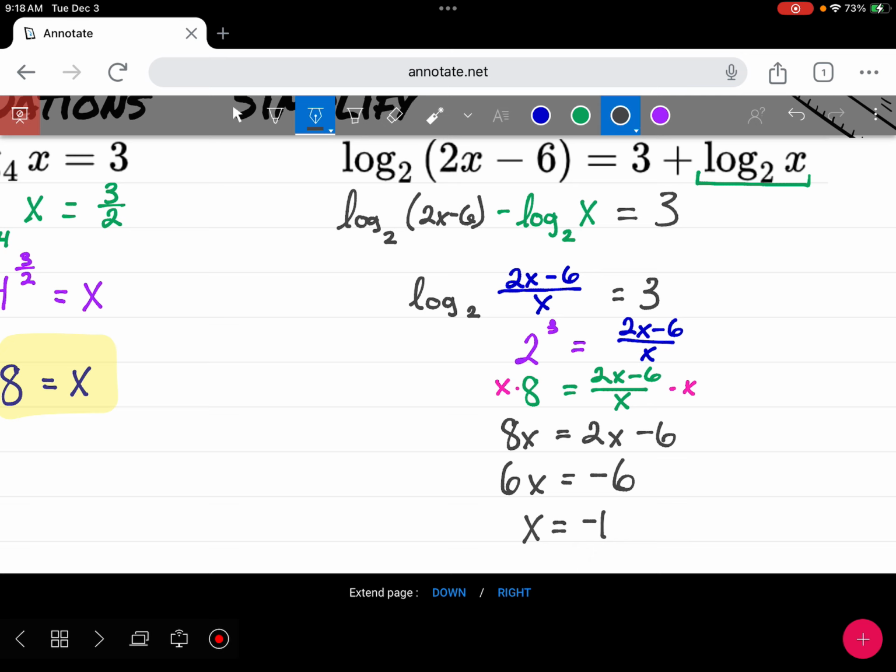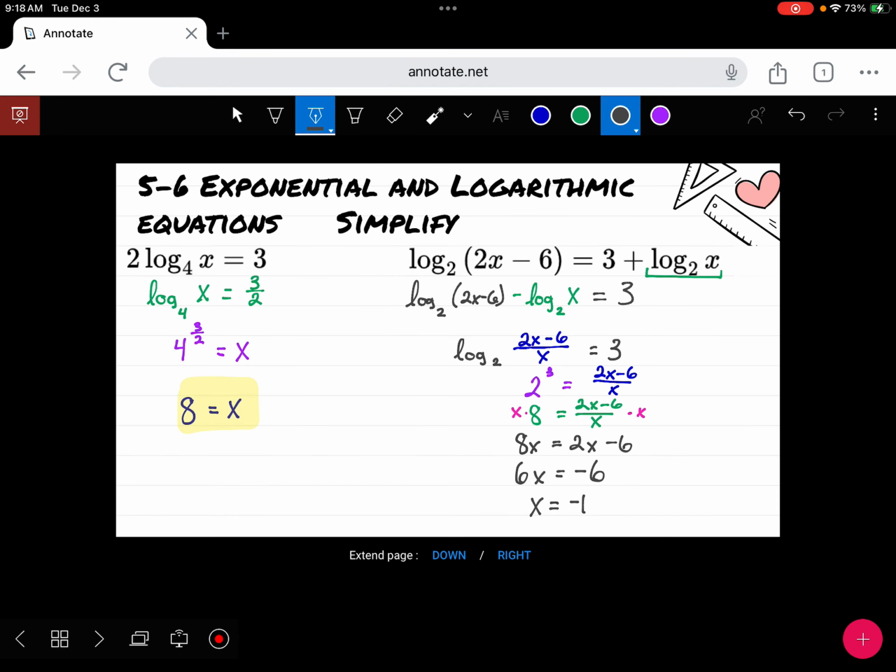Okay, so sometimes we're going to have to use our condensing rule. Sometimes we'll have to do a little expanding. But we have all kinds of pieces that we can use. Is that a valid solution, though? No. Why?